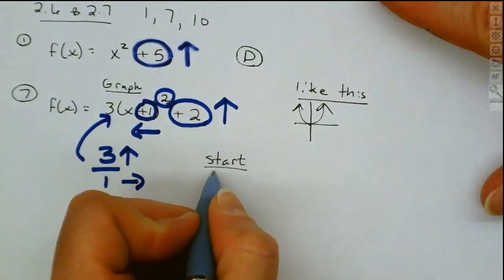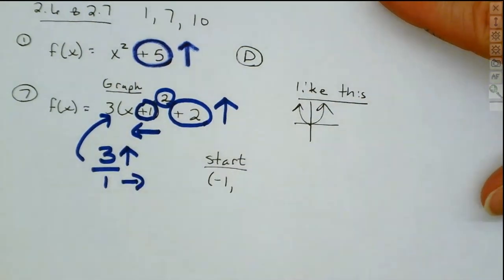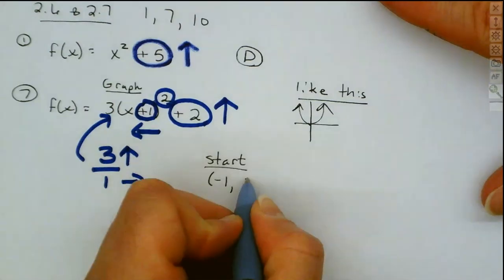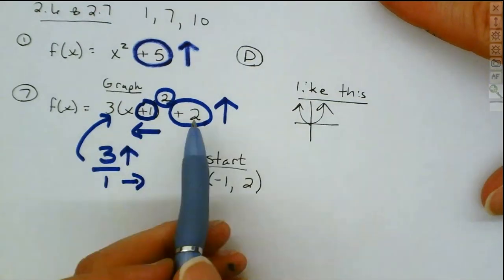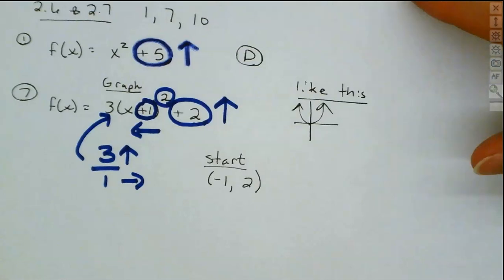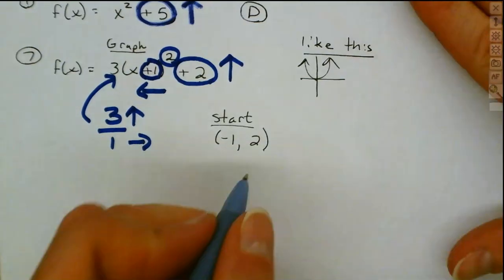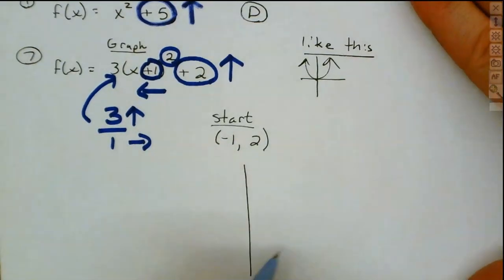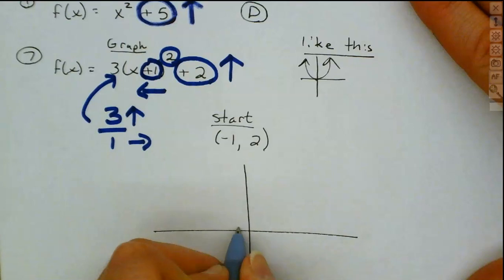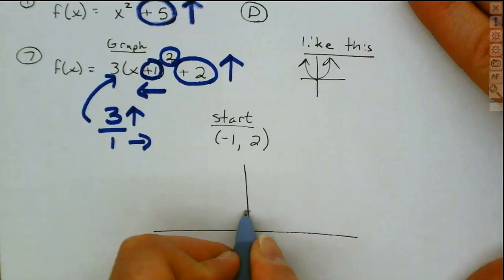Well, I'm going to start back 1 unit, so that makes it a minus 1. And how many units up? 2. So I'm going to start at minus 1, positive 2. So back 1 unit and up 2.